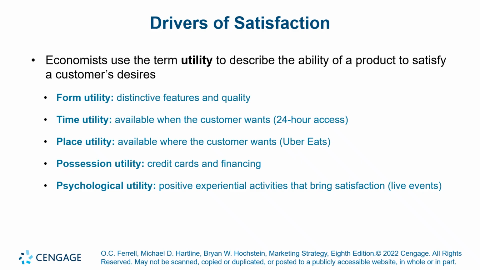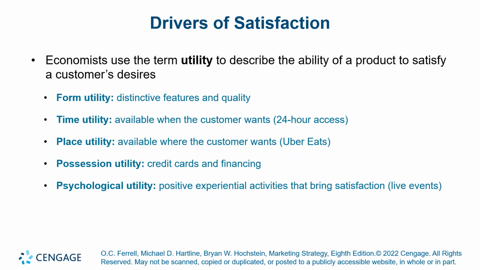Drivers of satisfaction: what makes people want to buy, to have exchange taking place? You have a need or a want that can be satisfied with the product you're purchasing. Economists use the term utility to describe the ability of a product to satisfy a customer's desire.